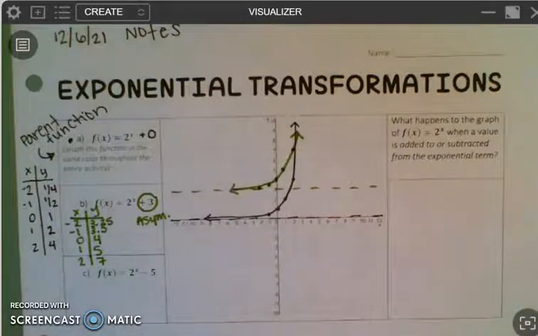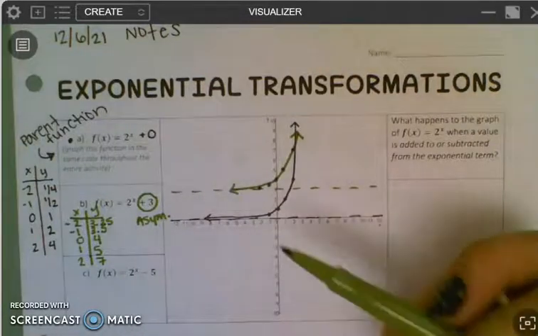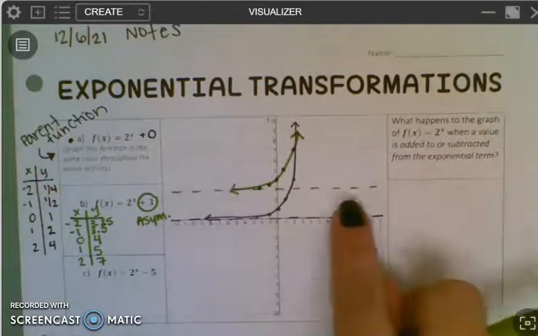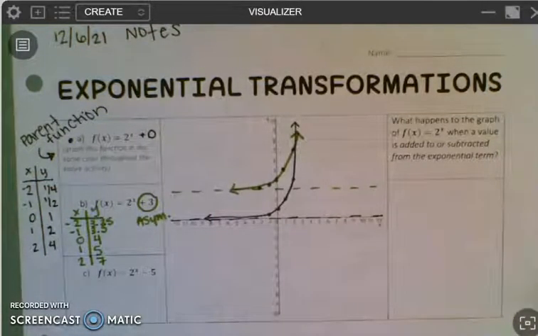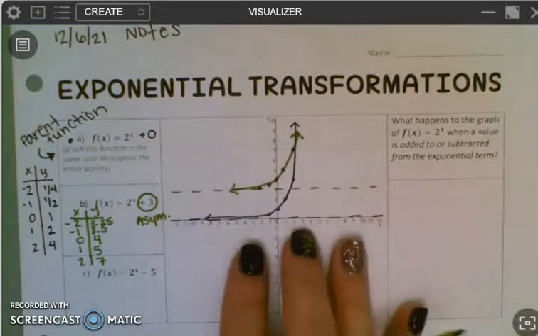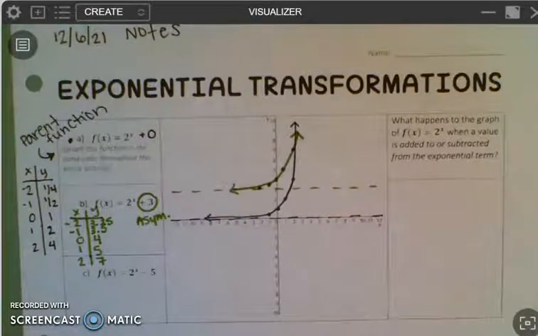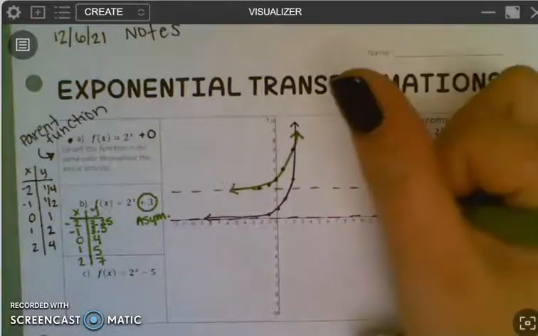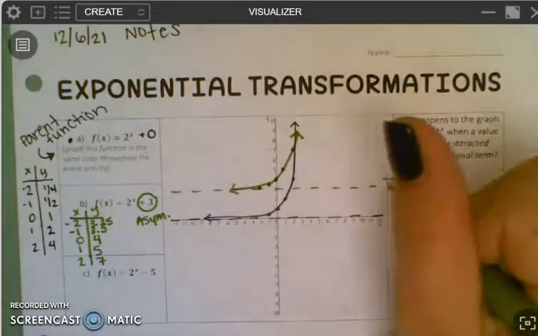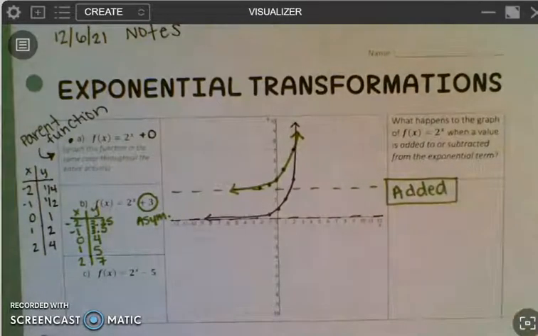And they are the same shape. The only difference was I started off with this black graph and now I'm up here with the green graph. So it's been shifted upwards. I took everything and just moved it up 3 units, basically. So I added 3 to the end.